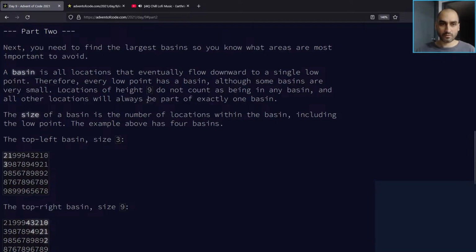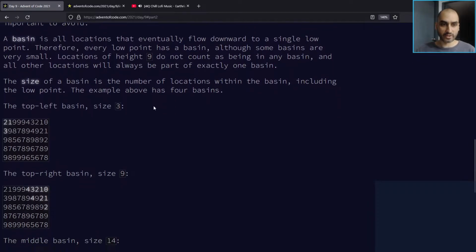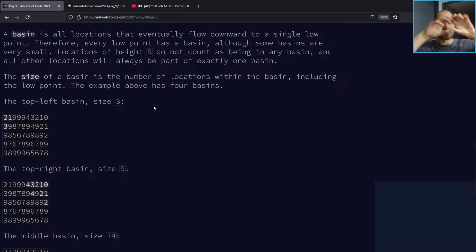So this is basically flood fill. We take the low points. From each low point, we do flood fill to find everything that would flow into that basin. And they've said there can be exactly one. So you can't have it go up to 5 and then go down to some other trough.